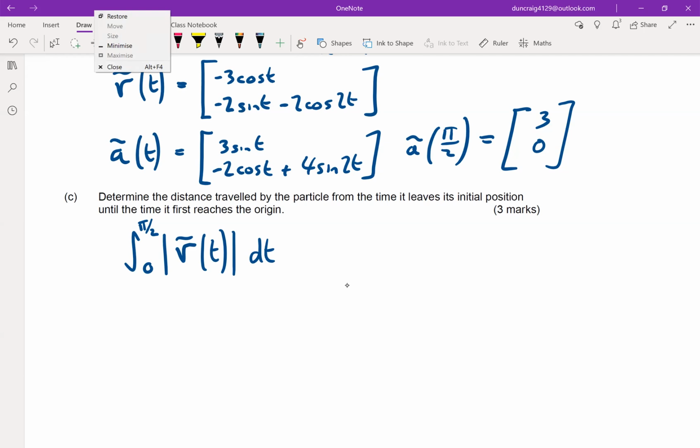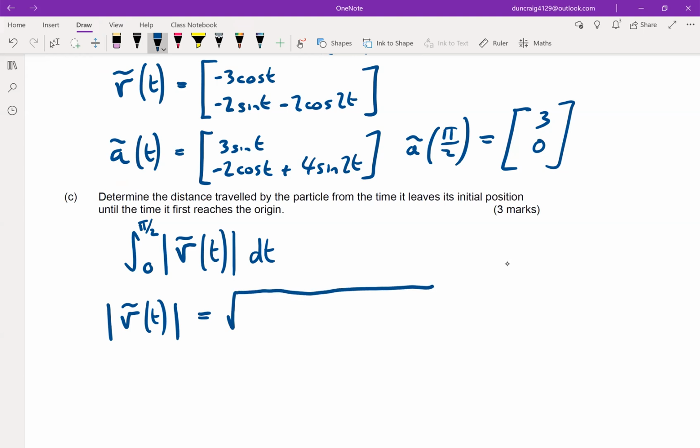We firstly want to figure out the absolute value of our velocity, which is simply the square root of minus 3 cos t all squared plus minus 2 sine t take 2 cos 2t all squared. Now if I integrate that from 0 to pi over 2, that'll give us our value.